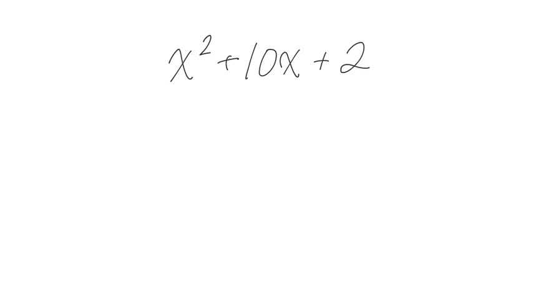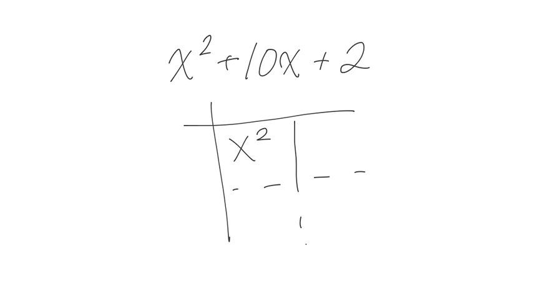Okay, let's do one more. Again, I've been trying to choose fairly simple quadratics, ones that are easy to factor. So again, we have x squared here. Our strategy is always to take our middle term and split it into 2.